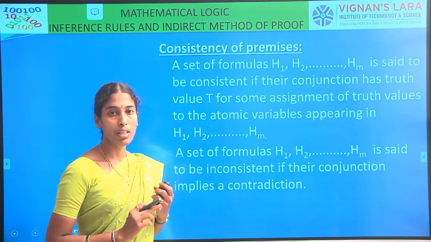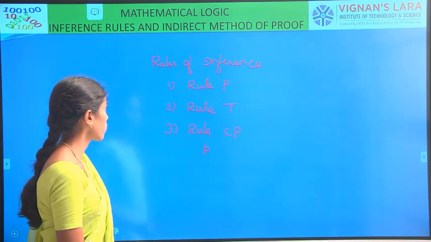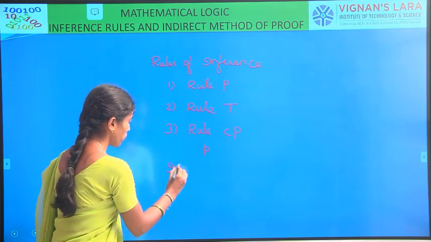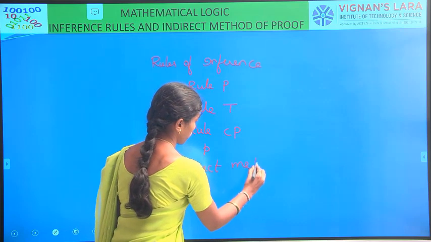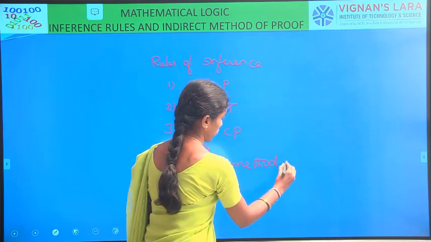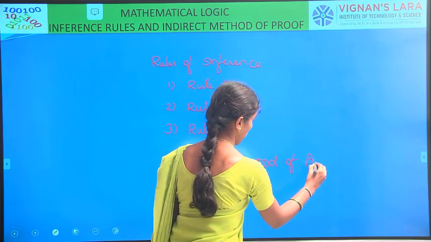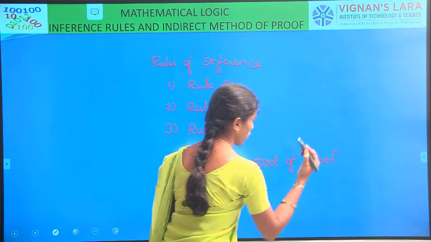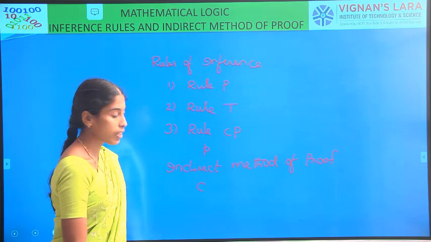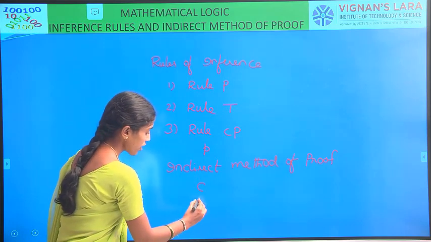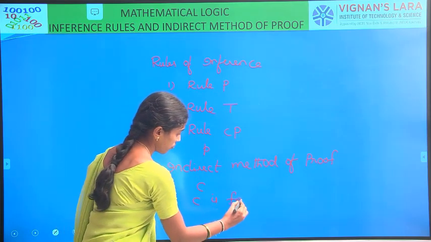What is meant by indirect method of proof? In the indirect method of proof, to get the conclusion C, we assume that conclusion C is false.